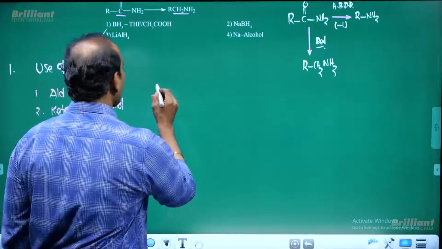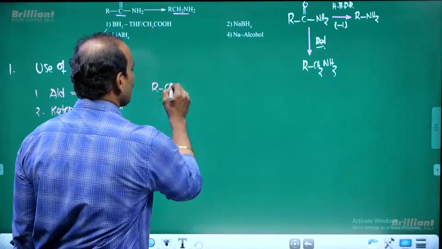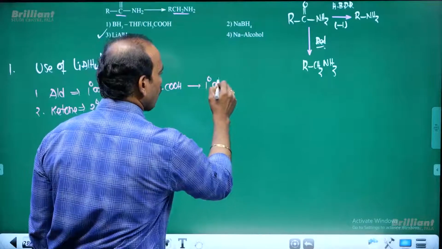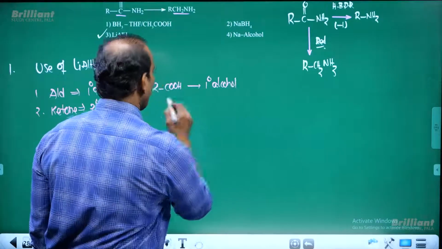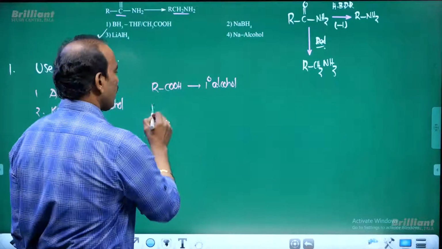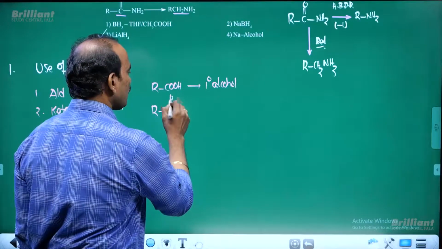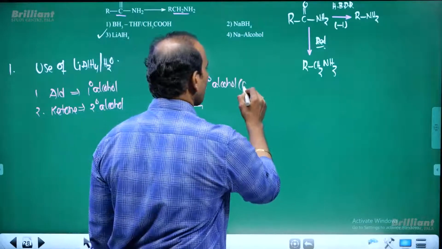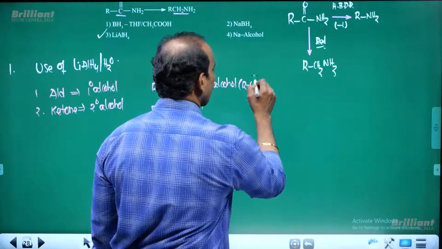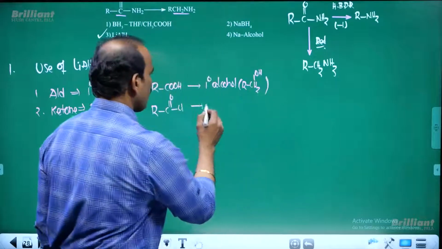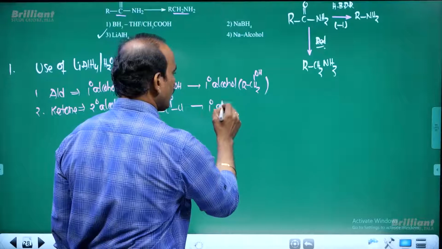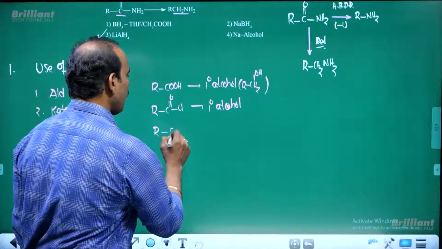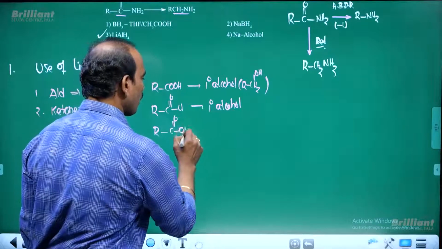Next one, acid family. Carboxylic acid, COOH, gives primary alcohols. Then acid derivatives, RC double bond Cl. The primary alcohol means RCH2OH, same number of carbons. Then this also gives primary alcohols. The next one is RC double bond OR dash.